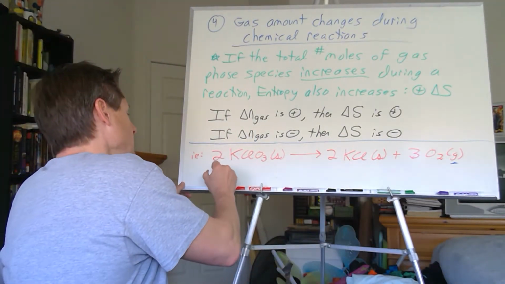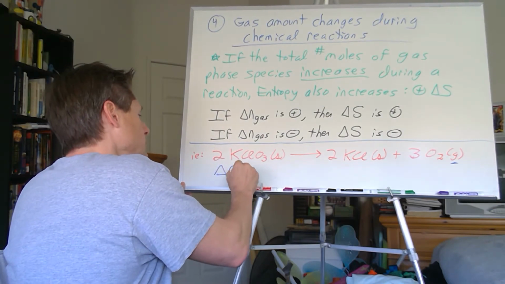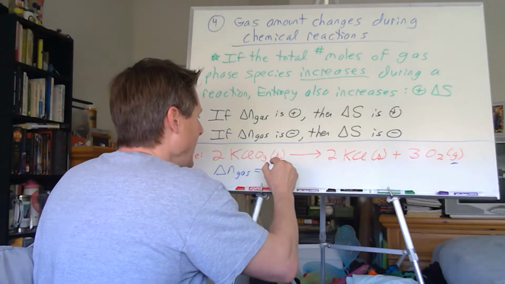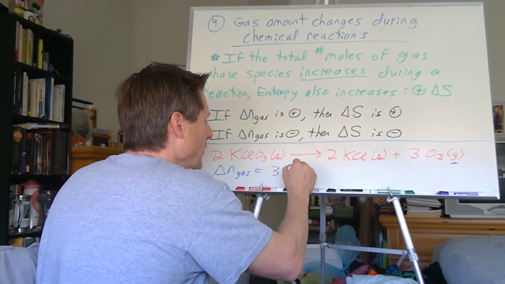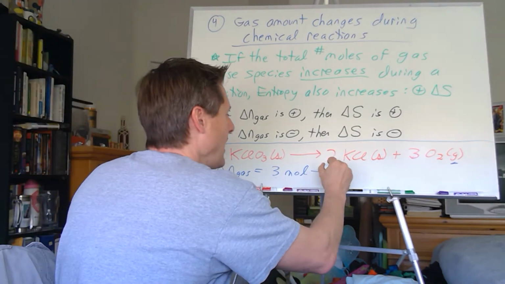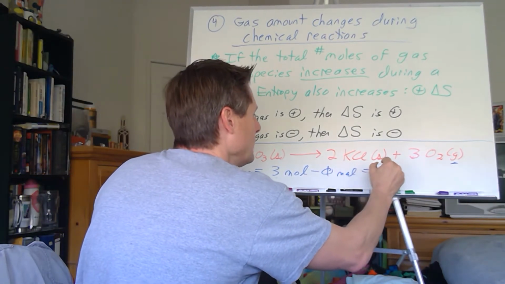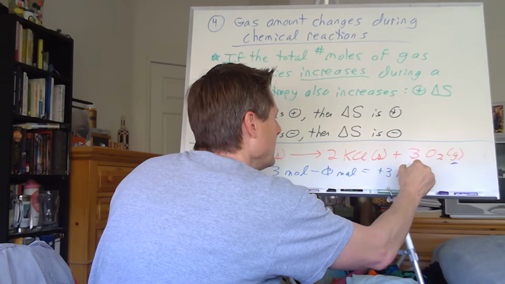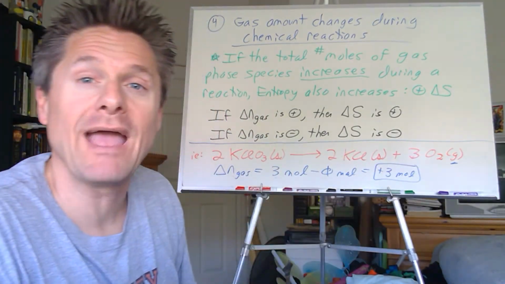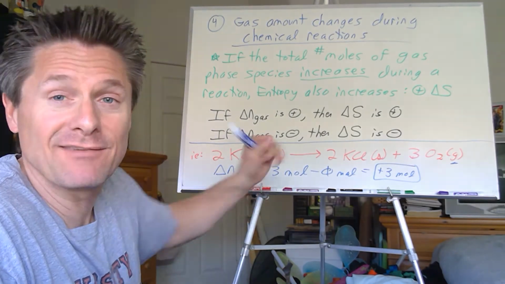So let's do delta N gas. That will be the moles of gas on the product side. So this will be 3 moles minus the number of moles on the reactant side, which is 0, which is positive 3 moles. So we're going from 0 moles of gas to 3 moles of gas. You just take your final, remember a delta is the final minus initial.